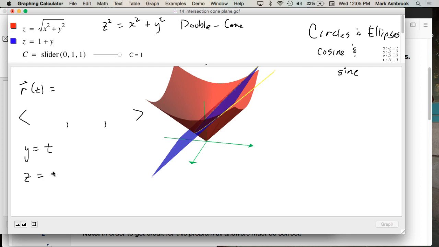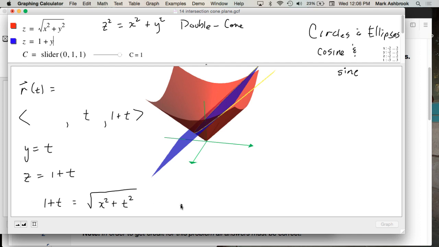Piece of cake, 1 plus t. All right, well now our work begins. How are we going to get x then? So we got t, 1 plus t. And so, what do we got? It'd be 1 plus t equals square root of x squared plus t squared.